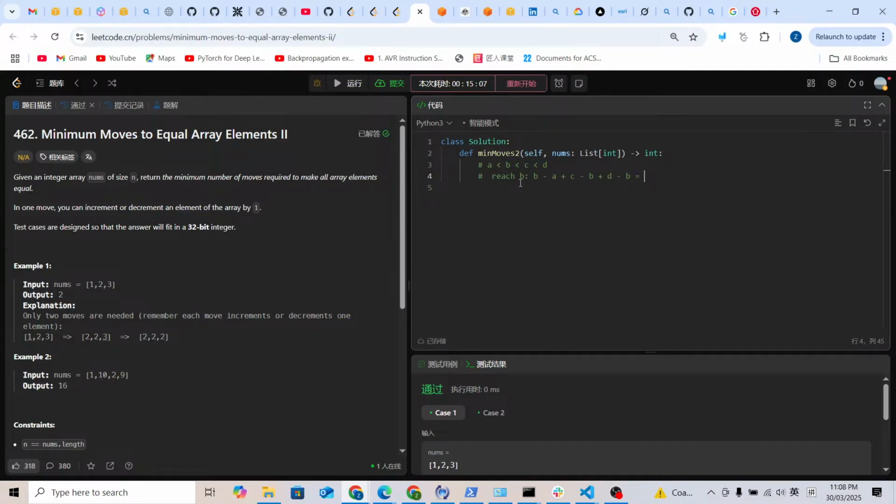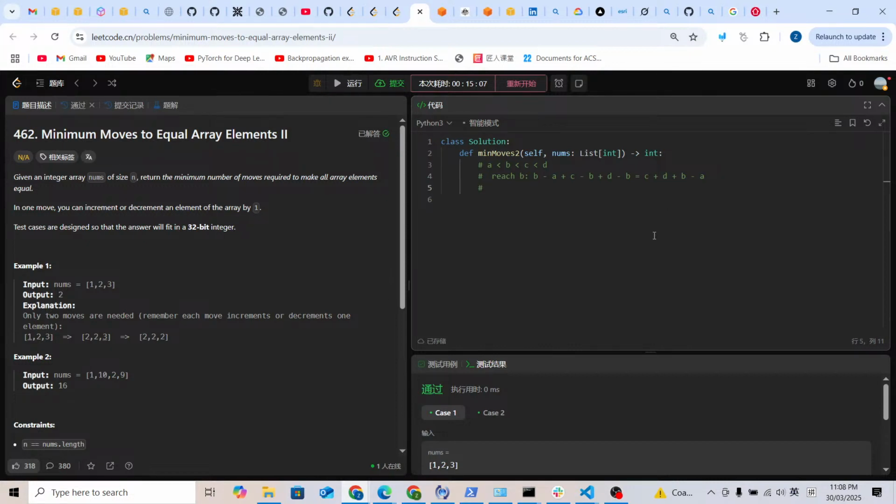So what's going to be the final answer? It's going to be c plus d minus a minus b. Because this is minus b, and this is minus b, and this b means plus b. So this is going to be the final result.